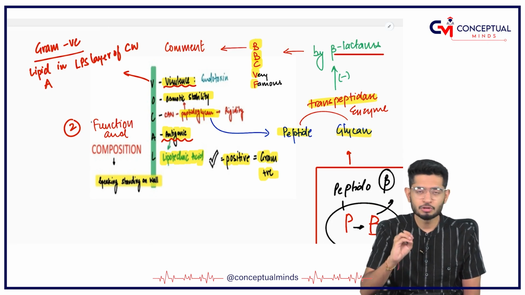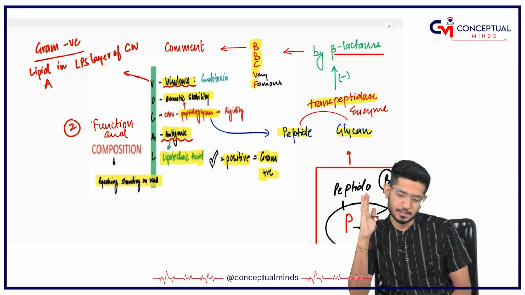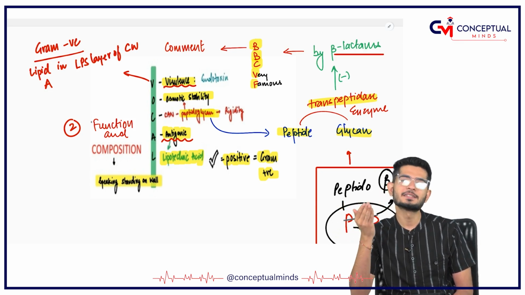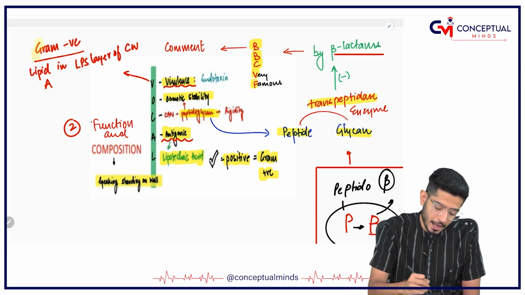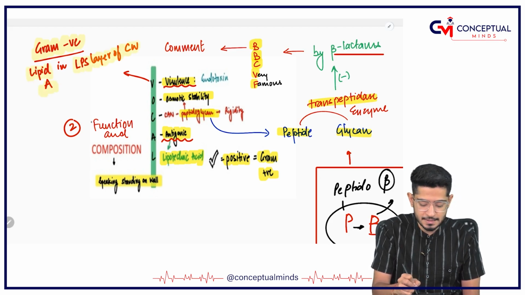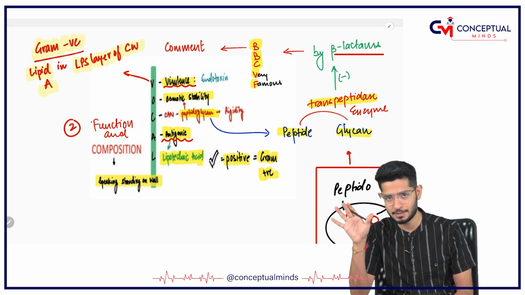In microbiology, the very important thing is gram staining. There are some bacteria which take up the stain and become gram positive. There are some bacteria which don't take up the stain and become gram negative. So, gram-negative bacteria have got lipid A in the LPS layer of the cell wall. When we discuss the layers of the cell wall, I'll teach you what is the LPS layer.